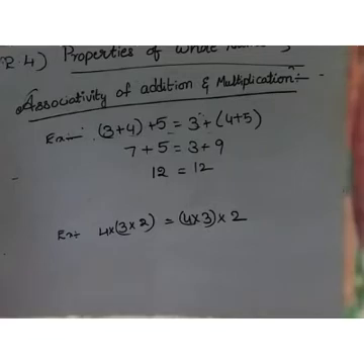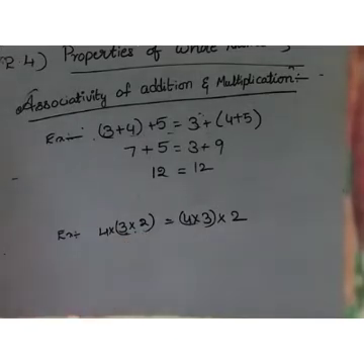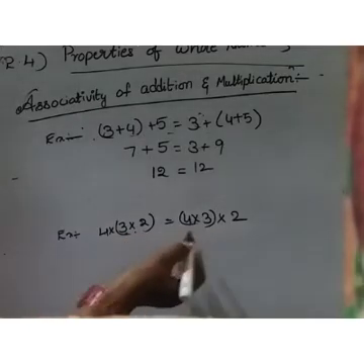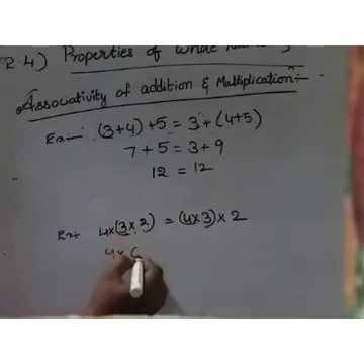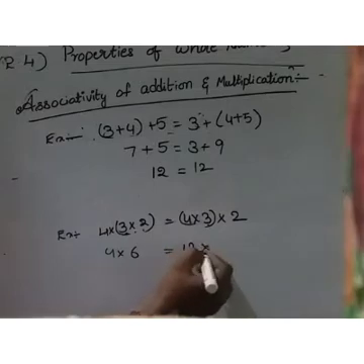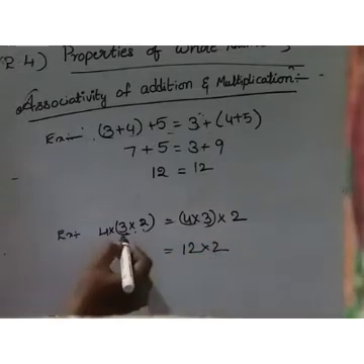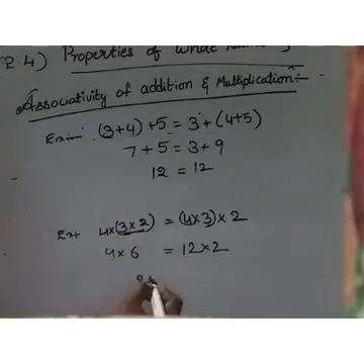Multiplication. Now let us check the multiplication. Here 4 into 3 into 2. 3 into 2 in one bracket. Here 4 into 3 in one bracket. 4 into (3 into 2, which is 6) is equal to (4 into 3, which is 12) into 2. We have to multiply first what is in the bracket. 4 sixes are 24, 12 twos are 24. So we have to get the same answer, no?